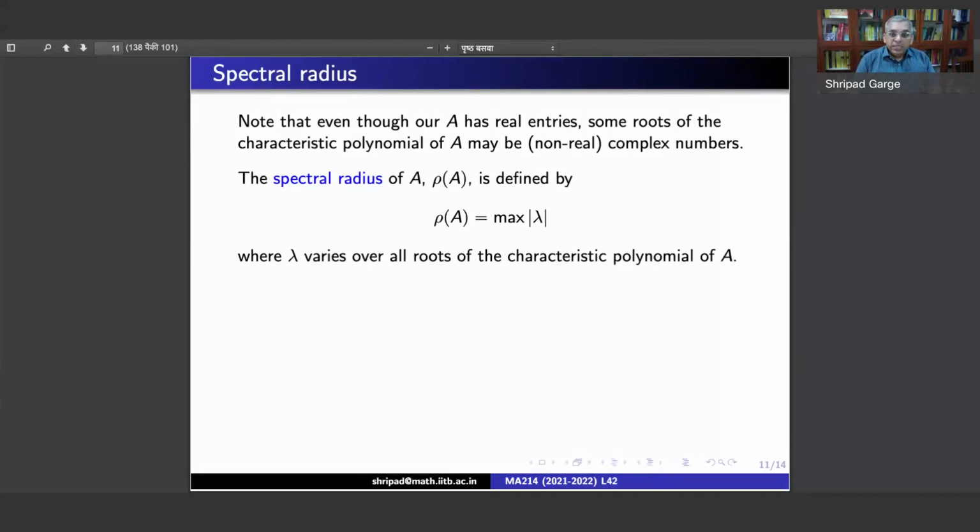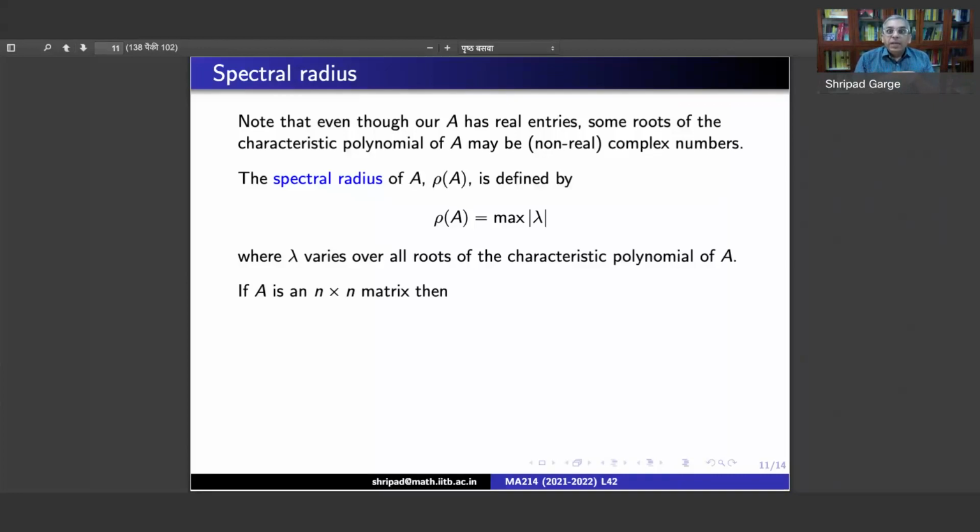So these are not just the eigenvalues, but all the roots of the characteristic polynomial. So the spectral radius is what? You compute all roots of the characteristic polynomial, put the modulus on them, and take the maximum value. That is the spectral radius.